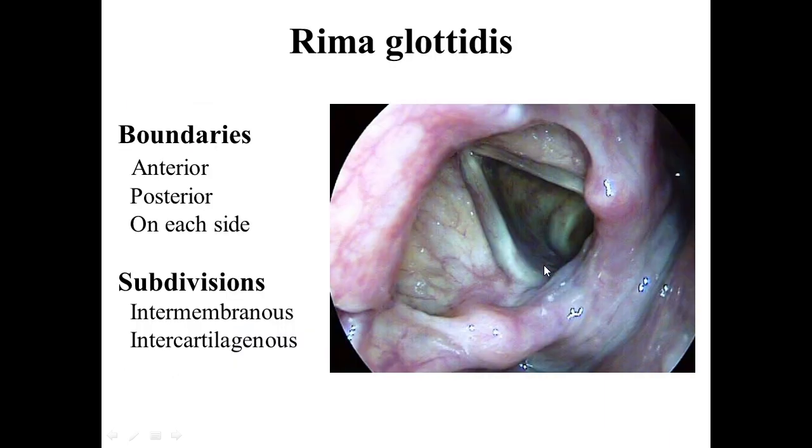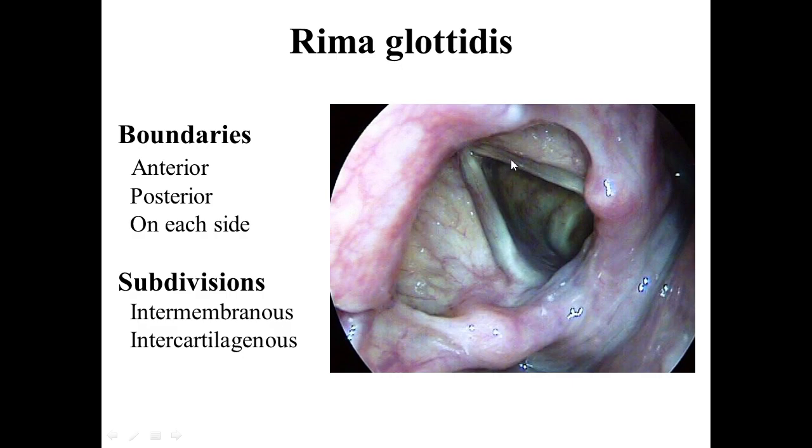Now what are the boundaries of rima glottidis? Here this pearly white structure is the vocal fold and this is the epiglottis. So this is anterior and this is the posterior aspect.